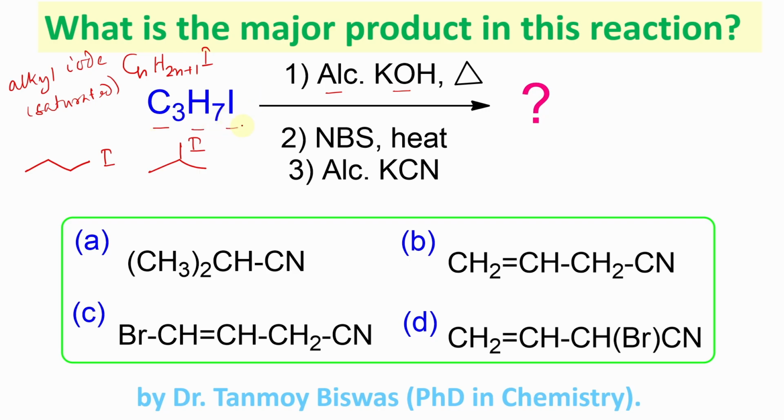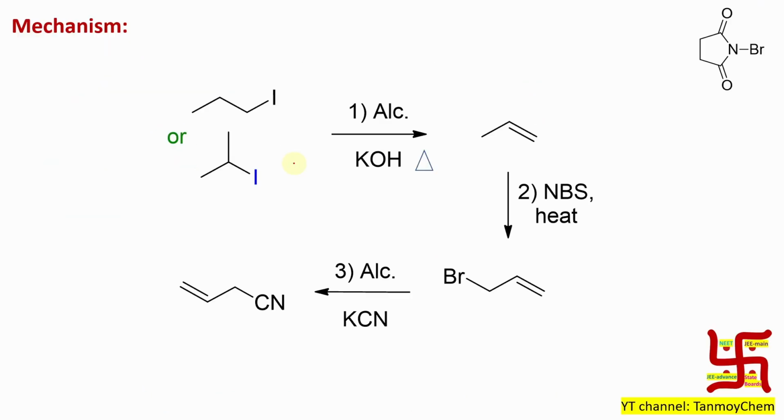In both cases, if you treat them with alcoholic KOH, they undergo elimination, beta hydrogen elimination, so HI elimination overall, and both cases will produce propene. So it doesn't matter which one. Remember, whenever you are talking about alcoholic KOH, it results in elimination, and higher temperature, I mean heat, favors the elimination, so it will be alkene.